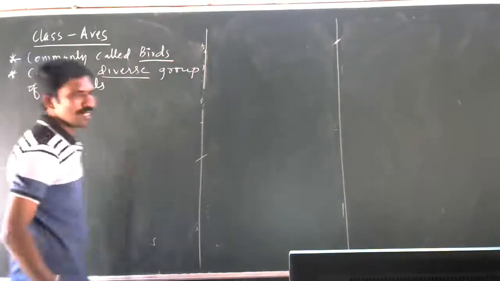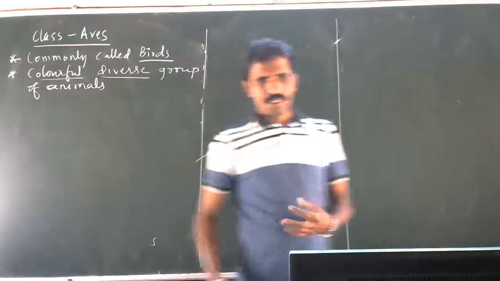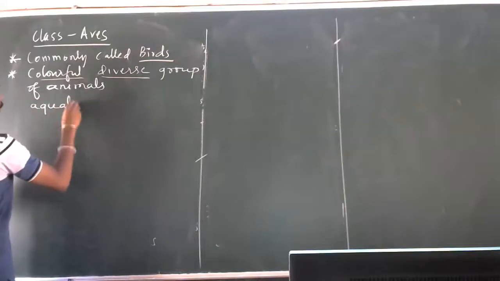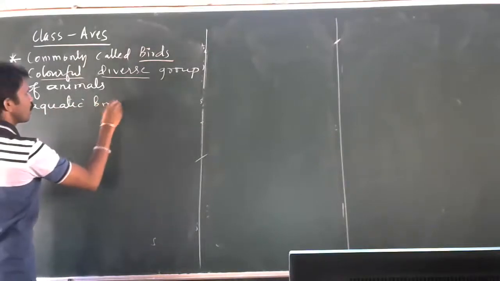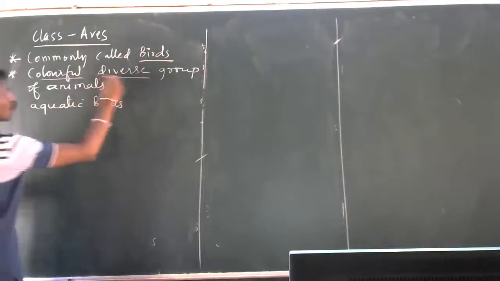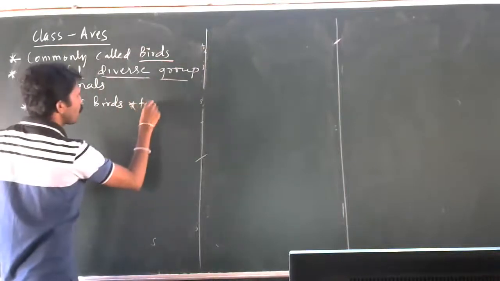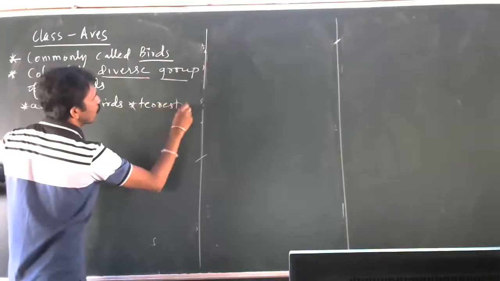The birds are diverse, meaning they can live in many places. There are aquatic birds, and there are terrestrial birds that can live on land itself.